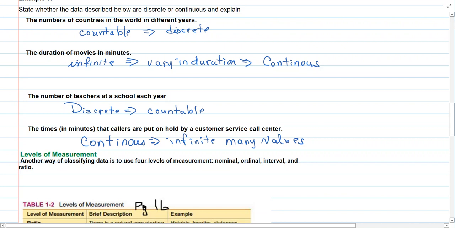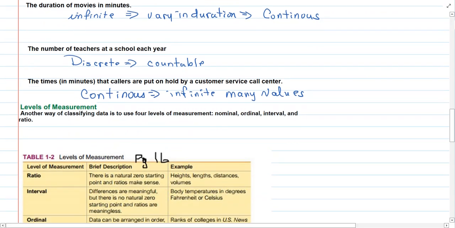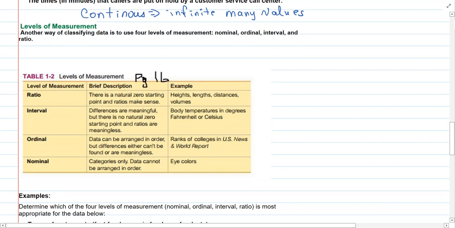So we can see how we've constructed in this study the various parts of statistics, again, focusing on vocabulary.